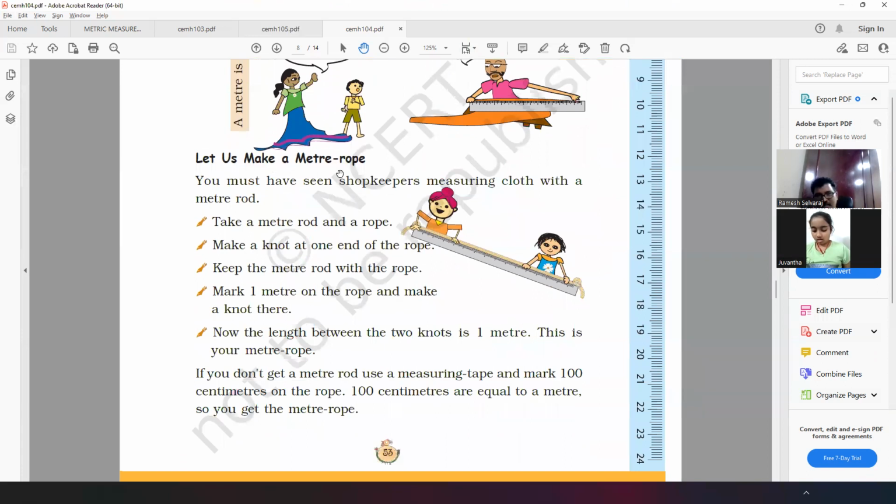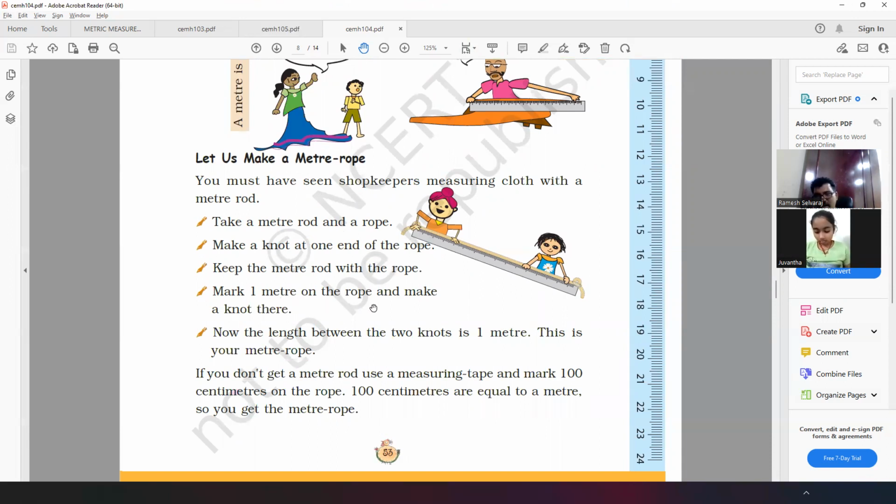Let us make a meter rope. You must have seen shopkeepers measuring cloth with a meter rod. If you go to a shopkeeper, they will keep some meter rod. They will be measuring the cloths using that meter rod. Take a meter rod and rope. Make a knot at one end of the rope and keep the meter rod with the rope.